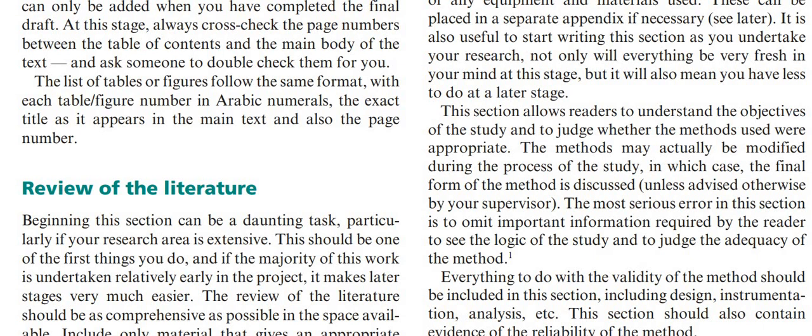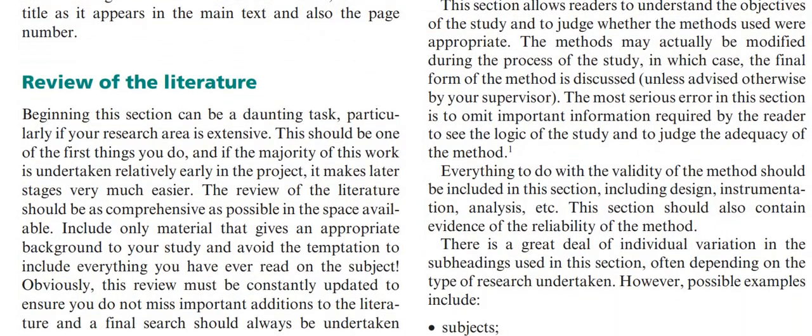The most serious error in this section is to omit important information required by the reader to see the logic of the study and to judge the adequacy of the methods. Everything to do with the validity of the method should be included in this section. Include design, instrumentation, analysis, and this section should also contain evidence of the reliability of the method.